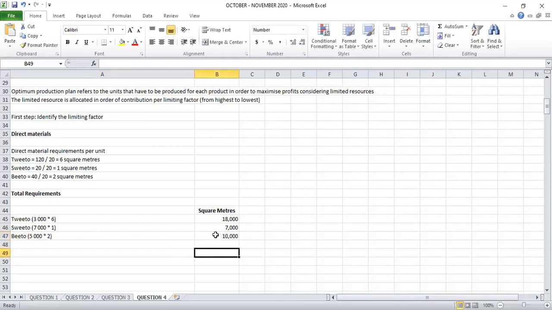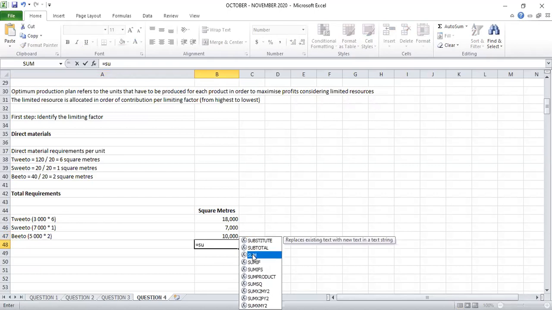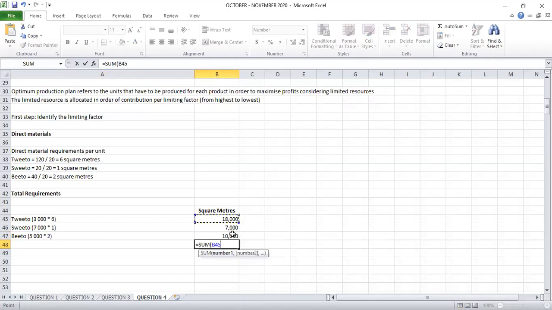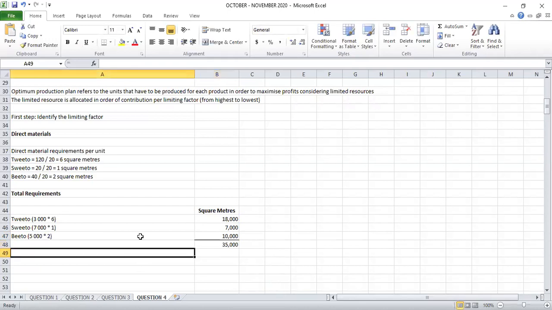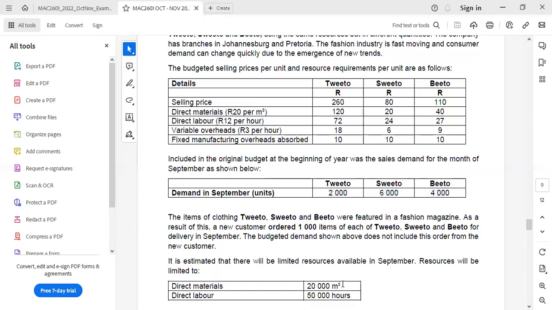So at the end of the day, the square meters that are required is 35,000 square meters. And the ones that we were told are available is only 20. If you can see here, we only have 20. So this is a limiting resource.